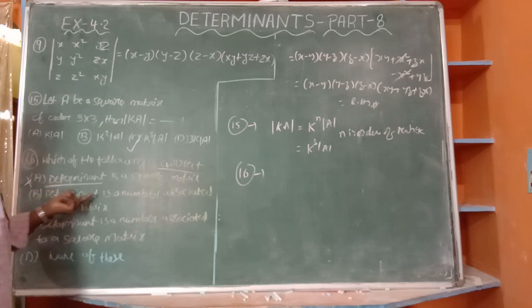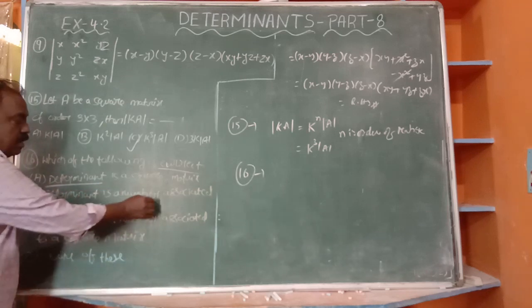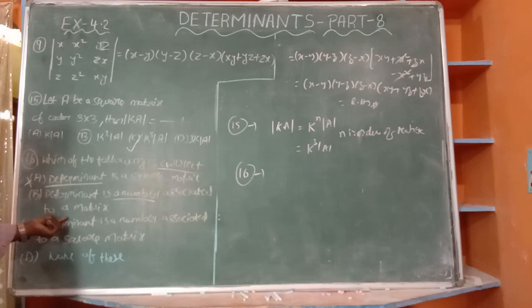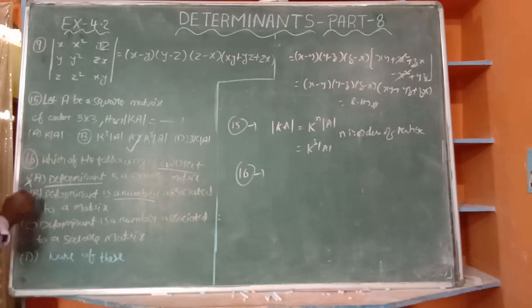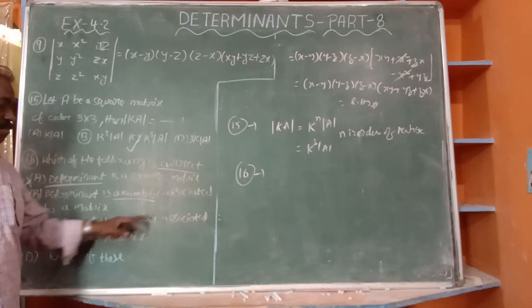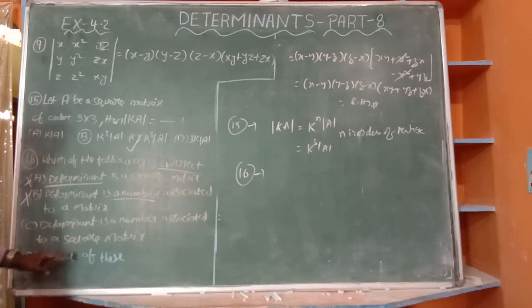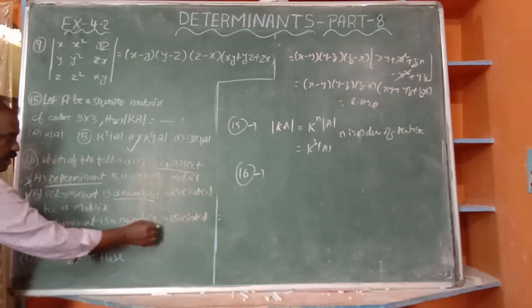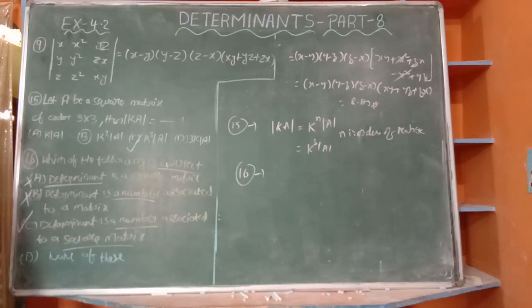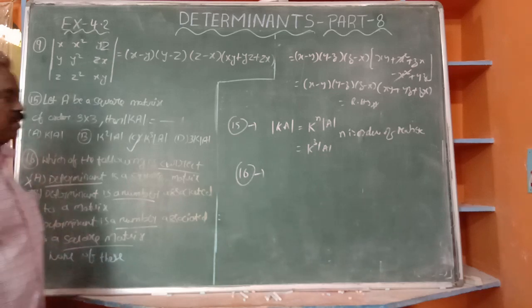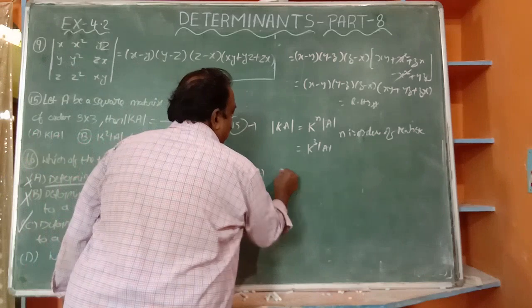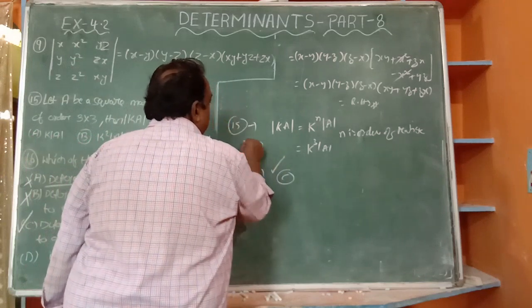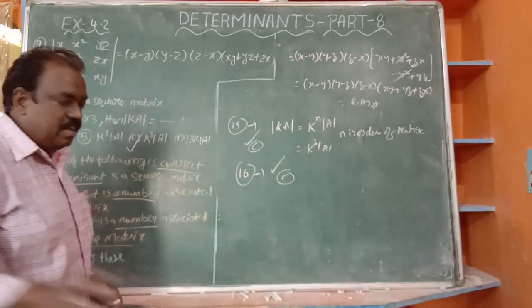Of course, determinant is a number, associated with a square matrix, but here it is given matrix, so it is also wrong. Determinant is a number which is associated with the square matrix. Yes, it is correct. So here also option C is correct.